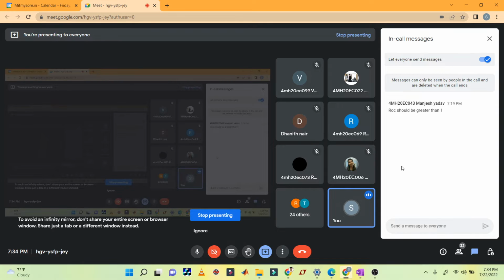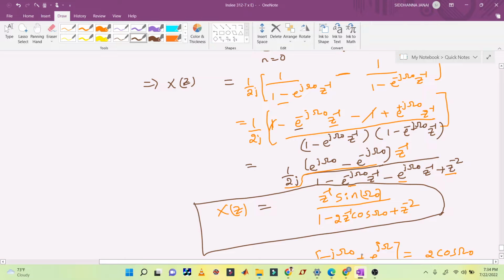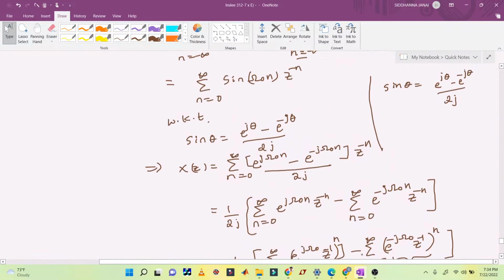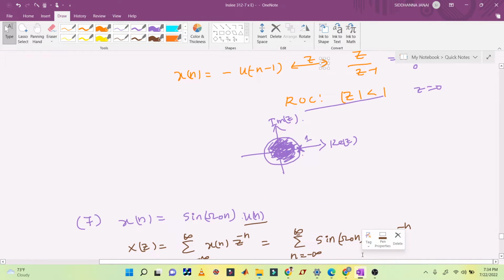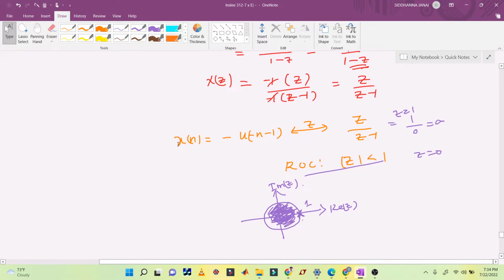ROC should be greater than 1. For which problem? Sir, it's for the previous problem. Previous problem. Okay, let us see. This problem. Yes, sir. Good.